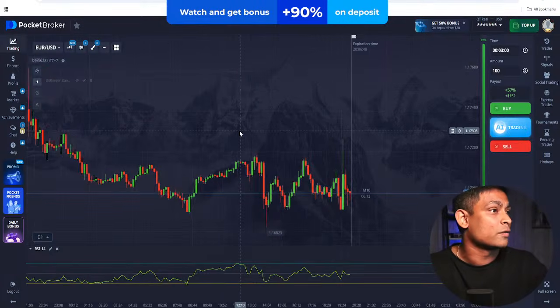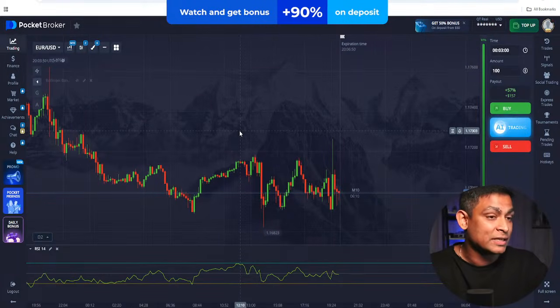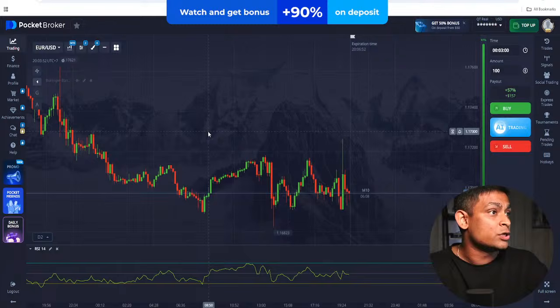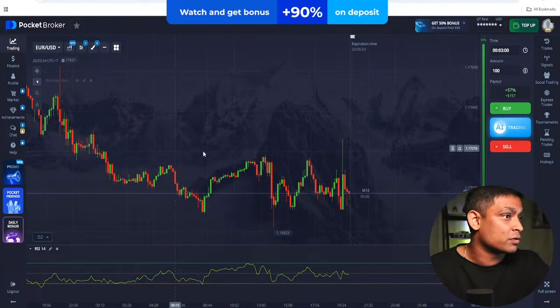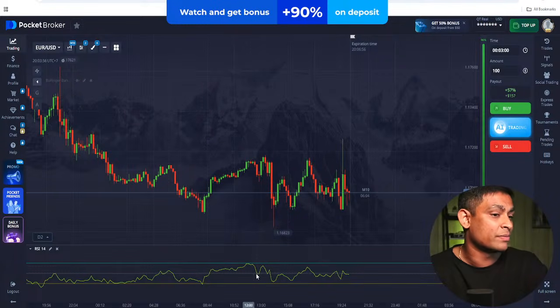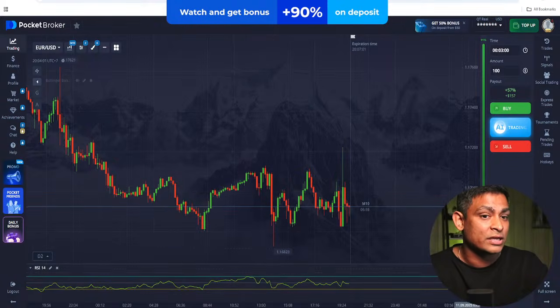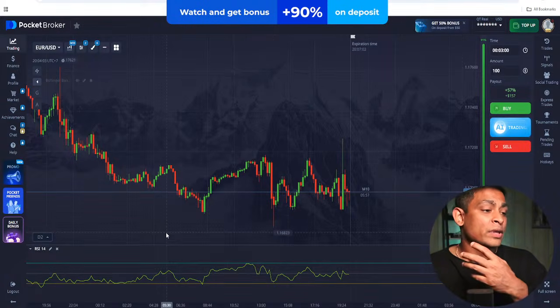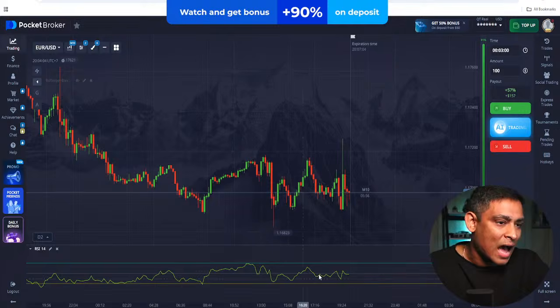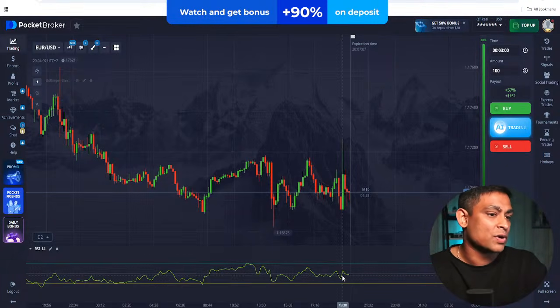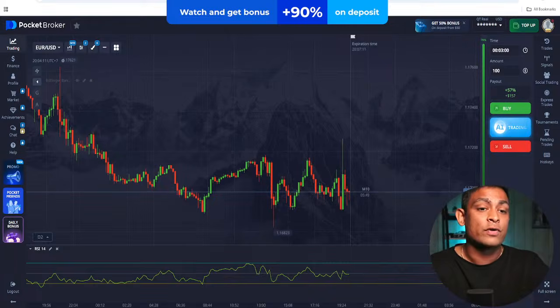So first of all, you guys can see euro dollar on my screen, and beneath that you can see the relative strength index. This is nothing new. This is a standard RSI graph, and we have three parts to it.